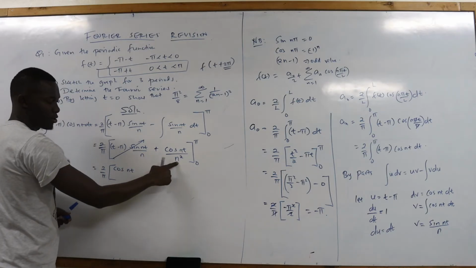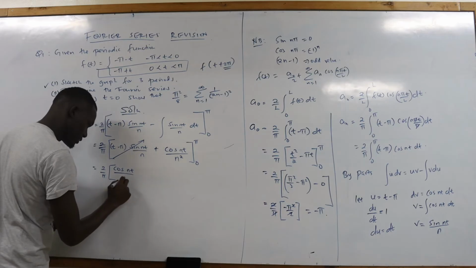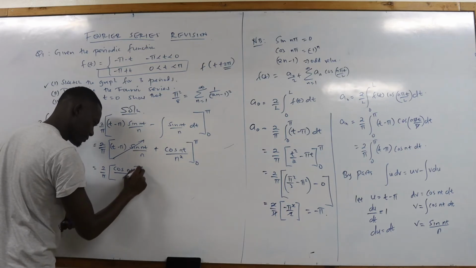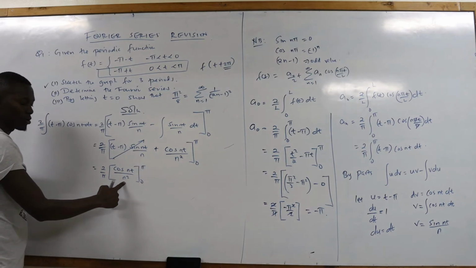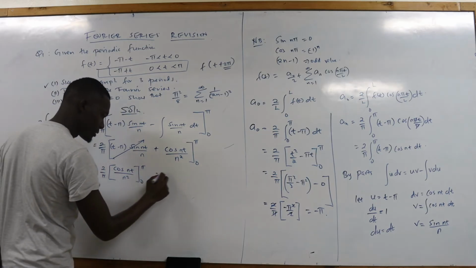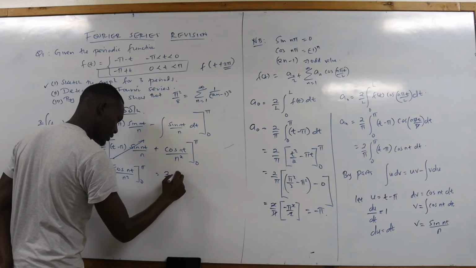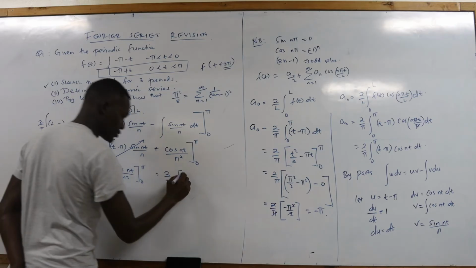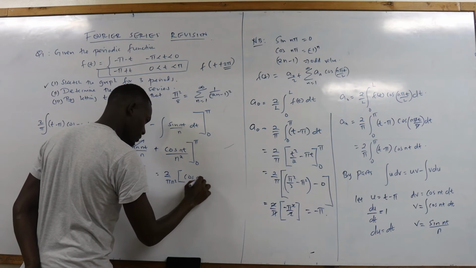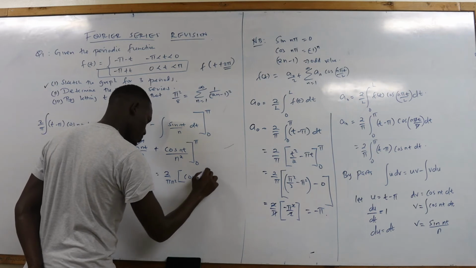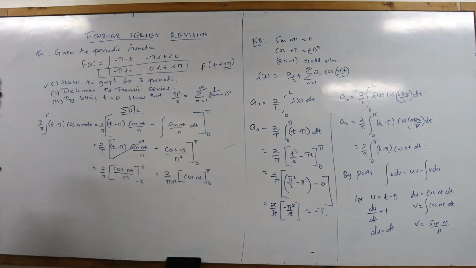Now since n squared is a constant, you can have it outside, so this is the same as 2 over pi n squared outside, so that you just remain with cos nt, from 0 up to pi.